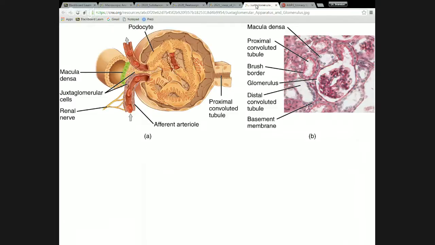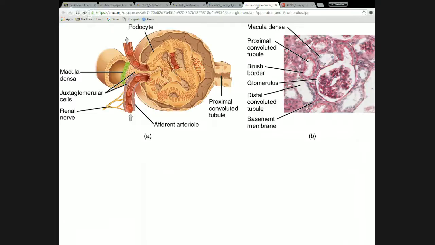And so the juxtaglomerular cells will release signals that will cause the afferent arteriole to dilate and potentially the efferent arteriole to constrict. So if the afferent arteriole dilates, more blood comes into the glomerulus, and if the efferent arteriole is constricted, less blood can get out, increasing the blood pressure in the glomerulus and therefore increasing the flow rate and getting the flow coming back through this tube backwards, so to speak.